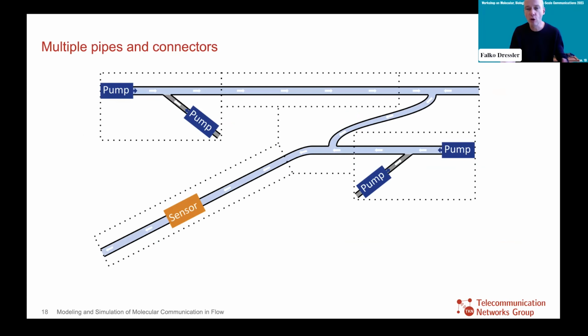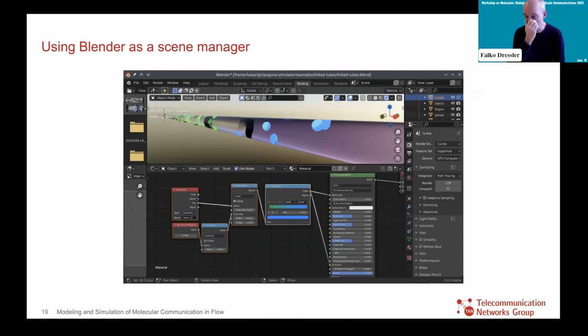We have a more complex flow system containing multiple sectors of pipes. The pipes may be connected to pumps that introduce either flow or particles. We can have sensors measuring the number of particles at a certain area. This scenario can get almost arbitrarily complex. Certainly with complexity, the computational effort needed to evaluate the particles also increases.